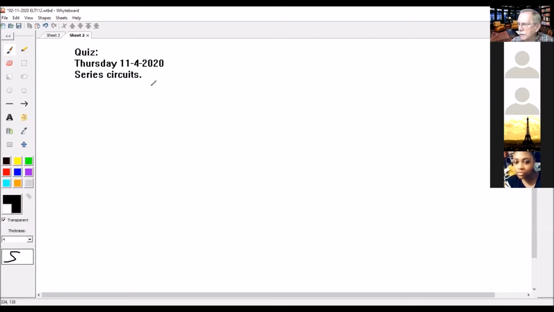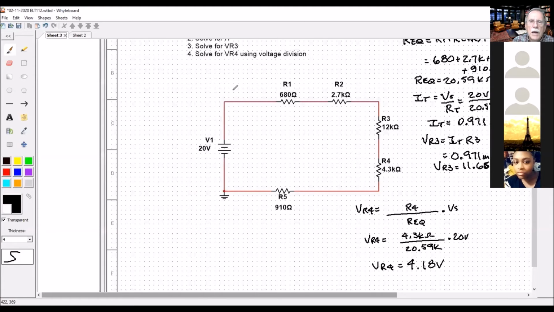Oh, before I forget, on Thursday there will be a quiz at the start of class on series circuits. Okay, so I will give you a series circuit similar to what we did here, not exactly the same. I might ask you to solve for REQ and IT and find some resistor voltages, some using voltage division.